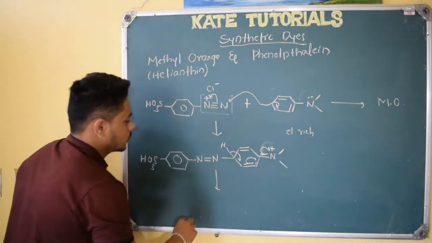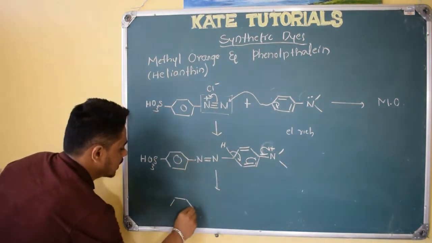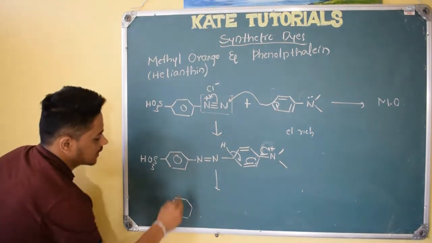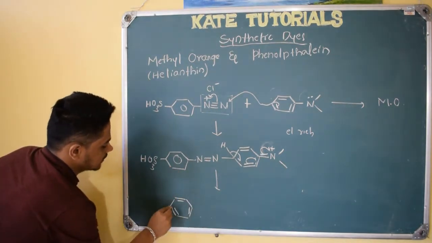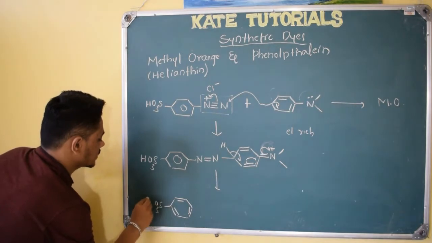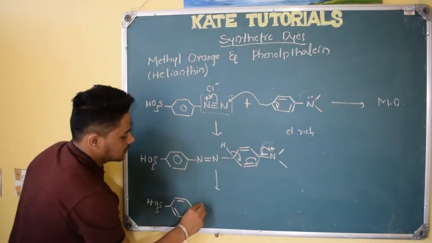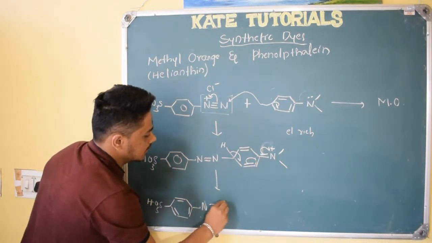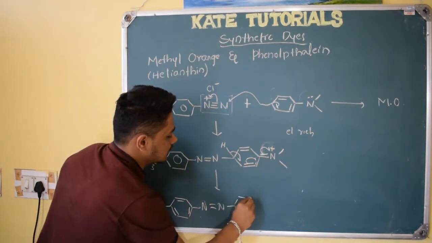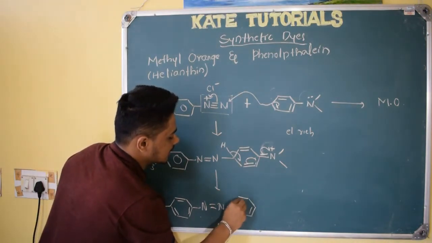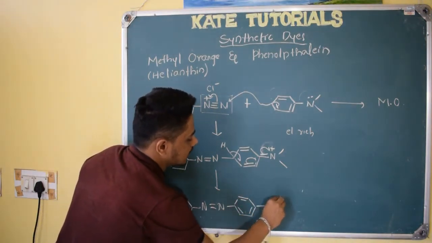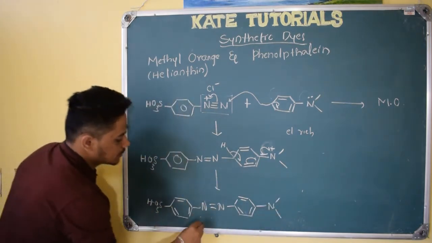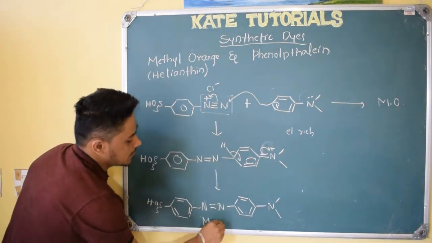So I will write that product. What we get is our methyl orange. Instead of writing a circle, I will put like this. Everything is same, SO3H, and here the azo group, diazo group, double bond N, and here my benzene ring is restored, and I got N,N-dimethyl. So this structure is nothing but my methyl orange, right?